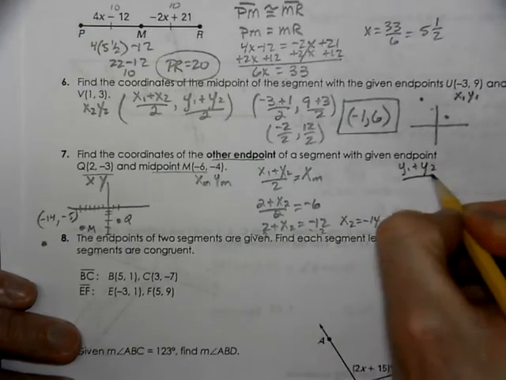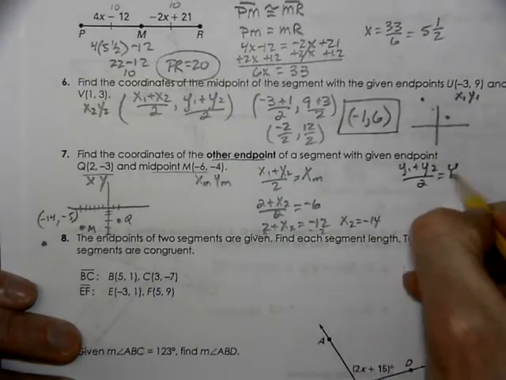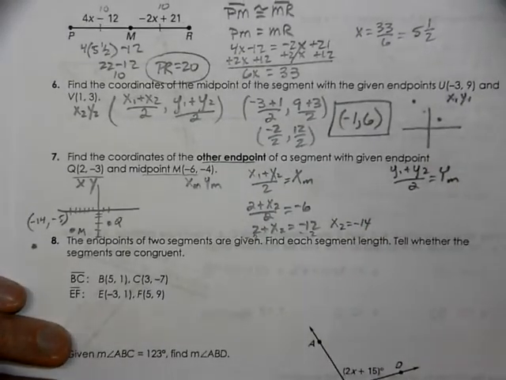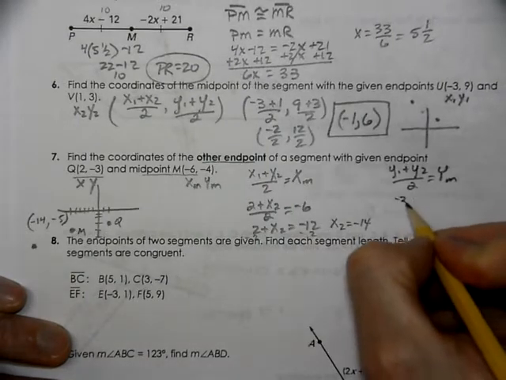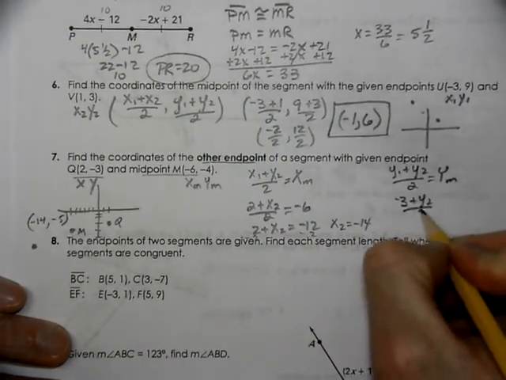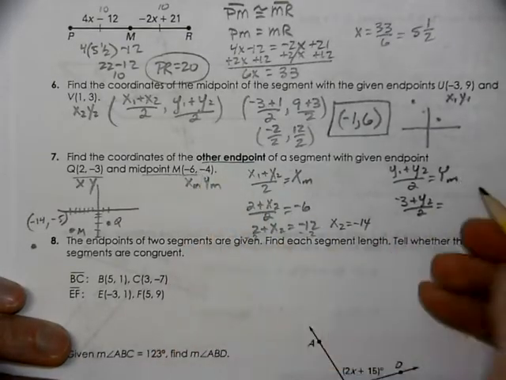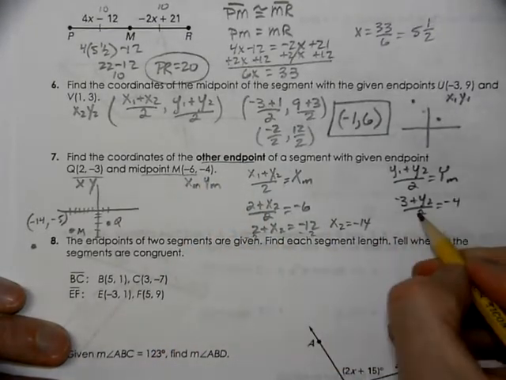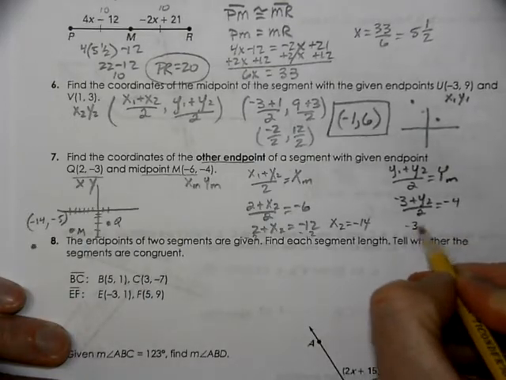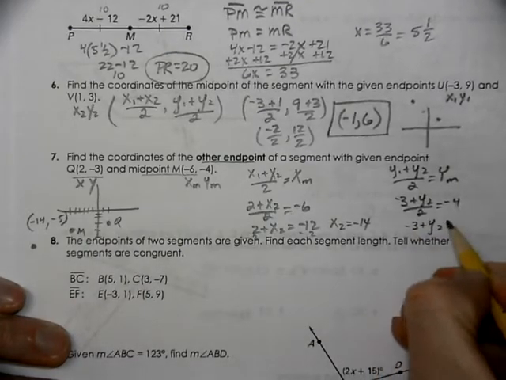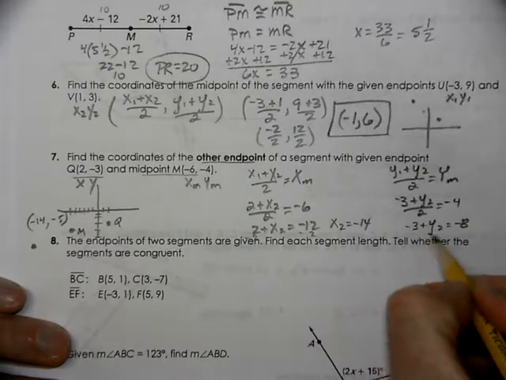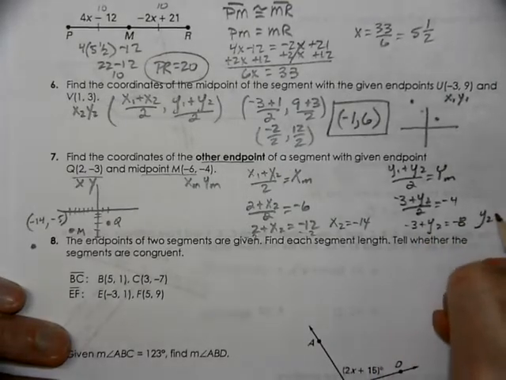y1 plus y2 over 2 equals the y-coordinate of the midpoint. So we're going to plug in the negative 3. We don't know what the other endpoint is, but we know the midpoint is at negative 4. So multiply by the 2. Add the 3 across.